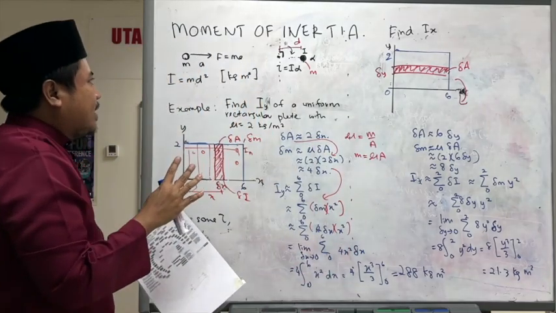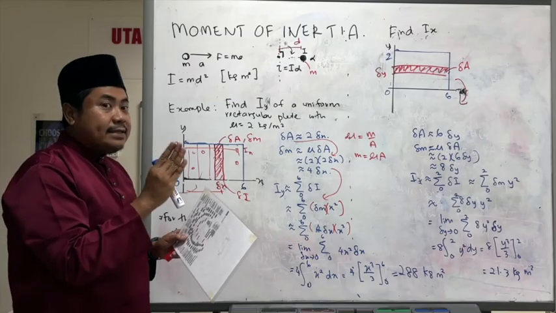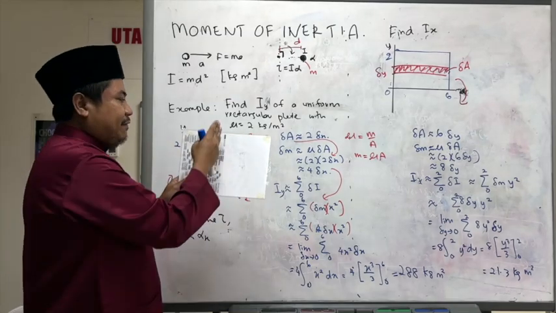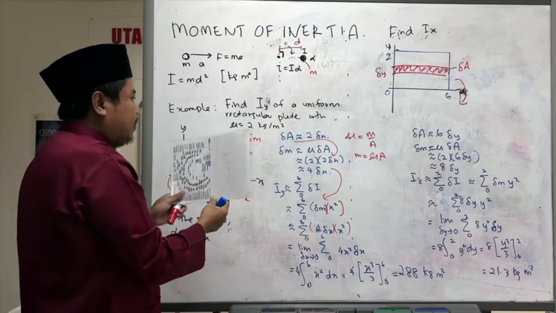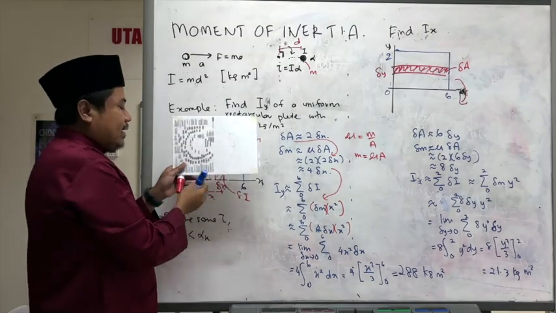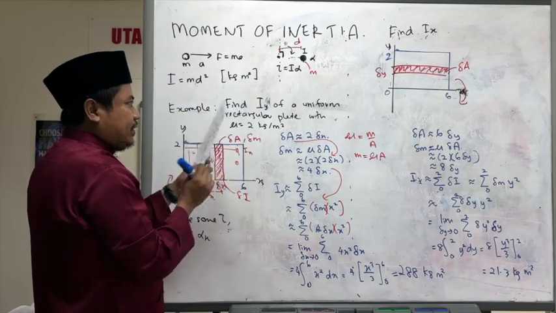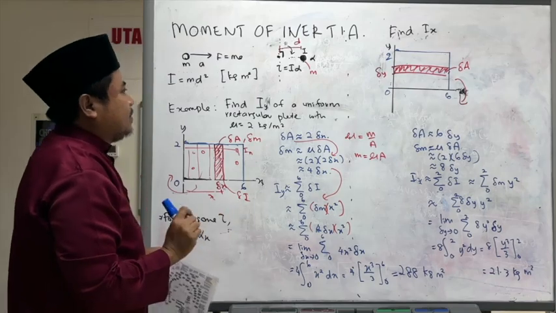So it means that the moment of inertia depends on the axis of rotation. If the axis of rotation is somewhere else, we have to calculate differently. That's why the moment of inertia depends on the axis of rotation. Okay, so that's all.